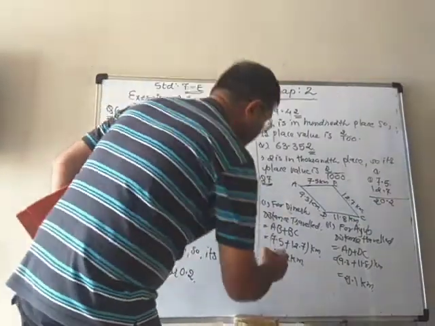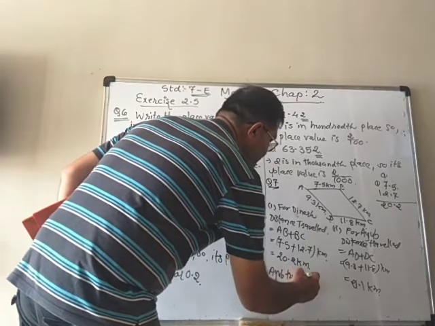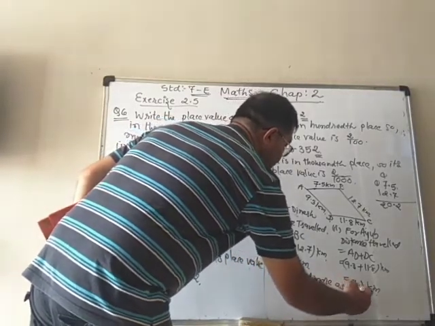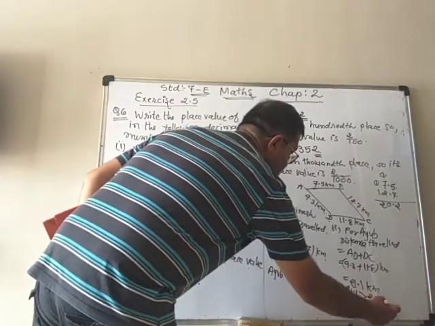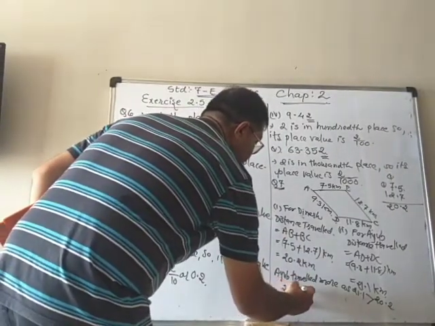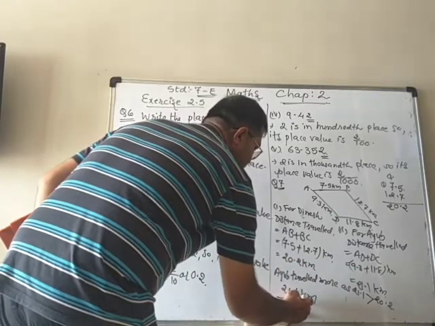So now Ayub travelled more as 21.1 is greater than 20.2. So now 21.1 kilometer minus 20.2 kilometer.